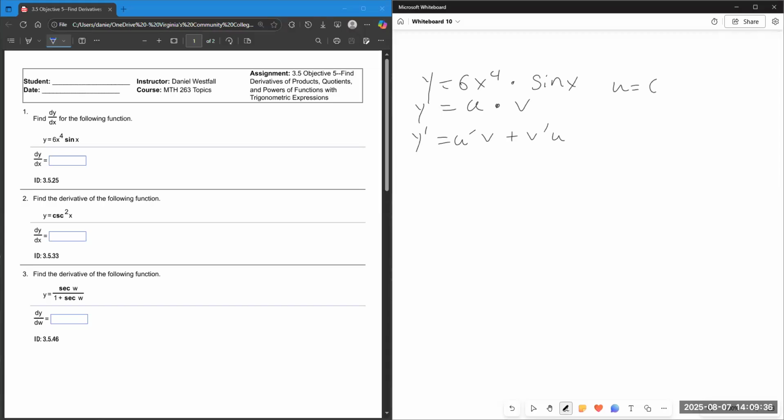U is equal to 6x to the fourth, and v is equal to sine x. U prime will be 24x to the third, and v prime will be cosine of x. Y prime will be 24x to the third sine of x plus 6x to the fourth cosine of x.